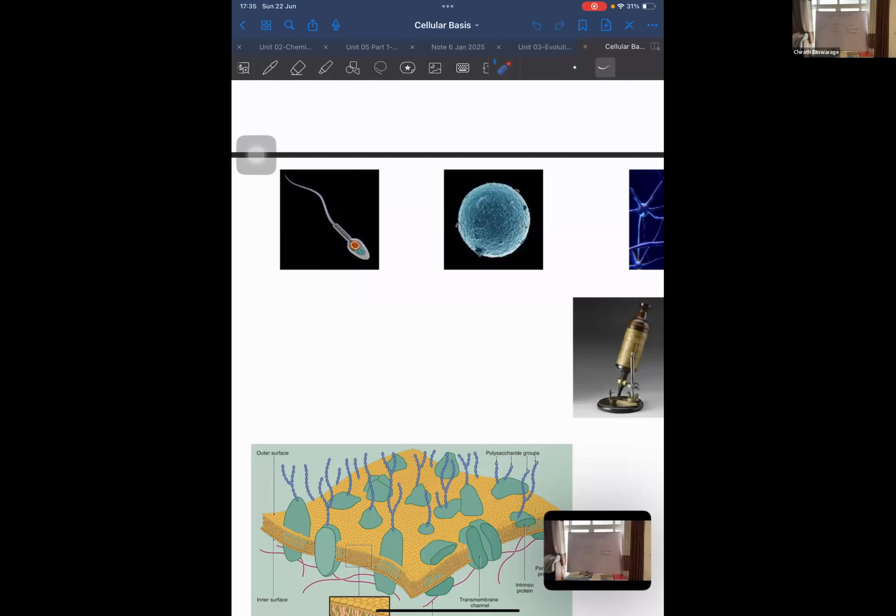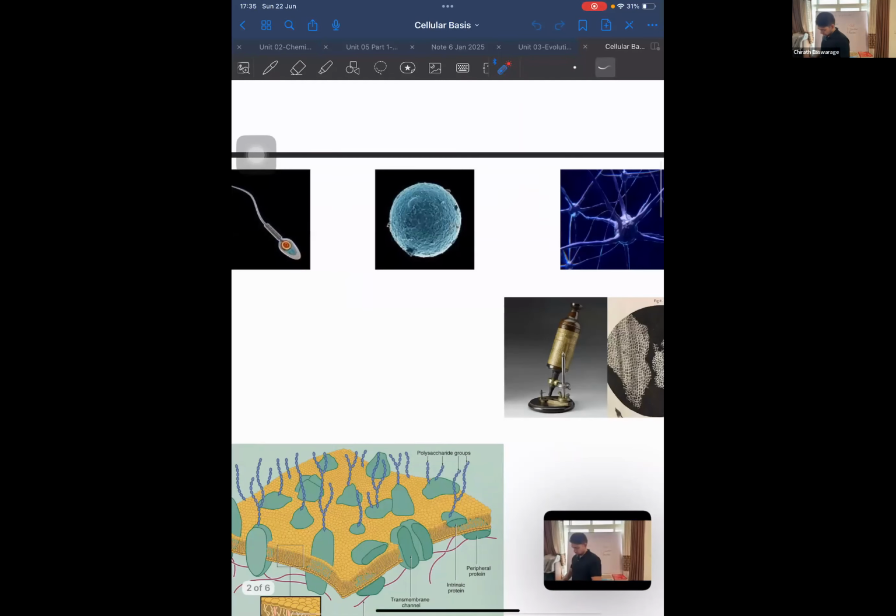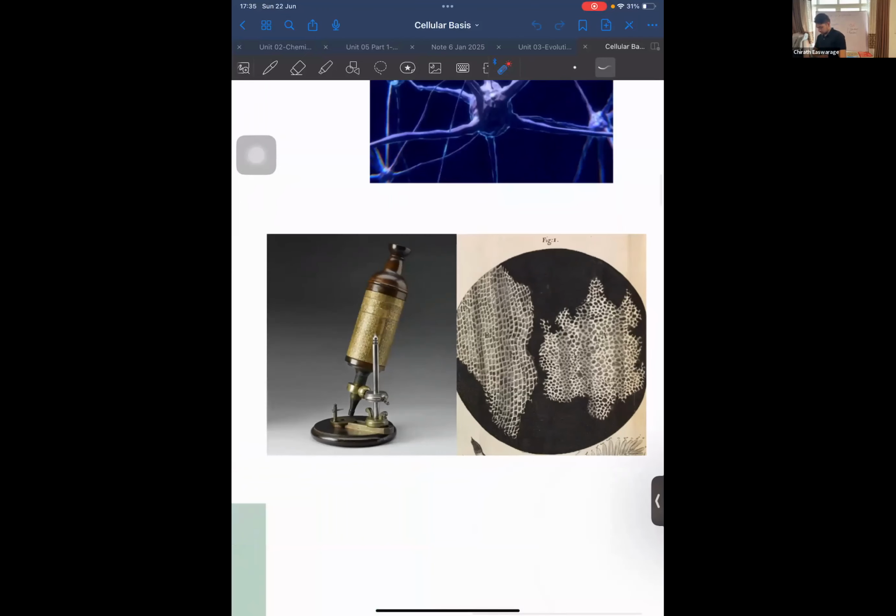Then you can label this diagram as the cork cells that he observed.